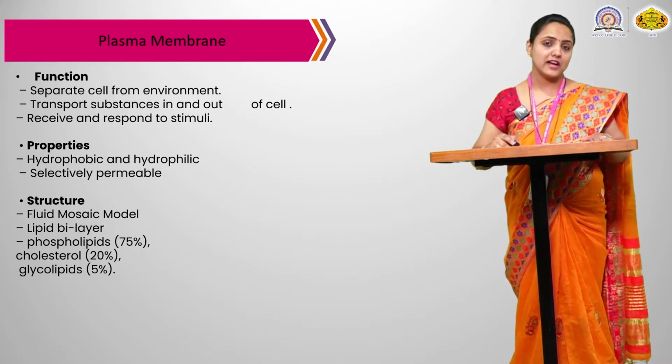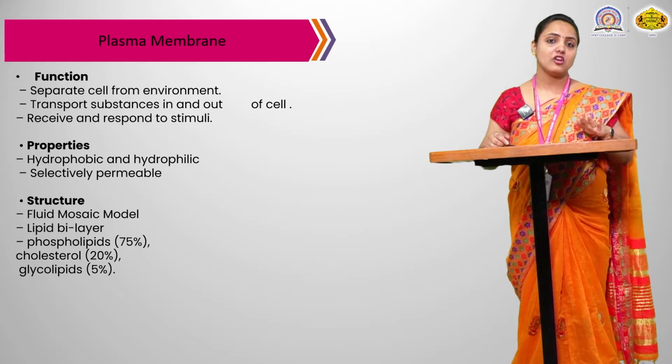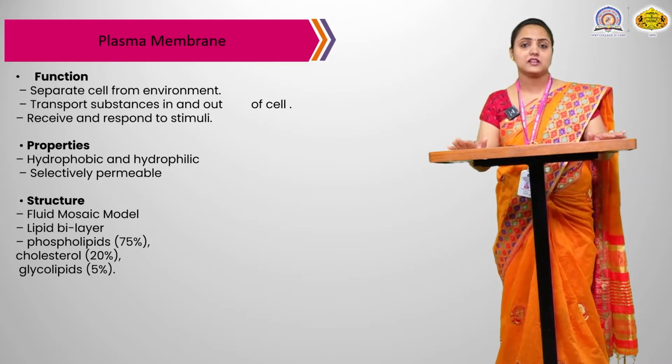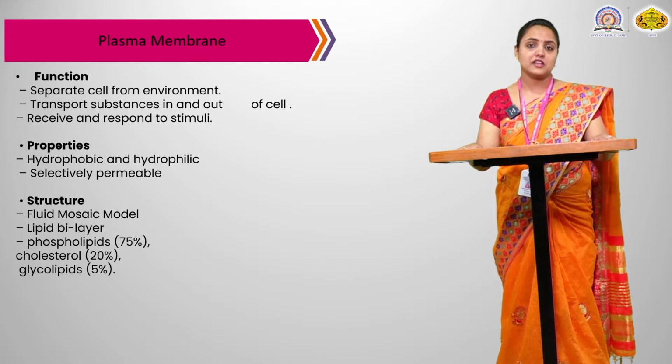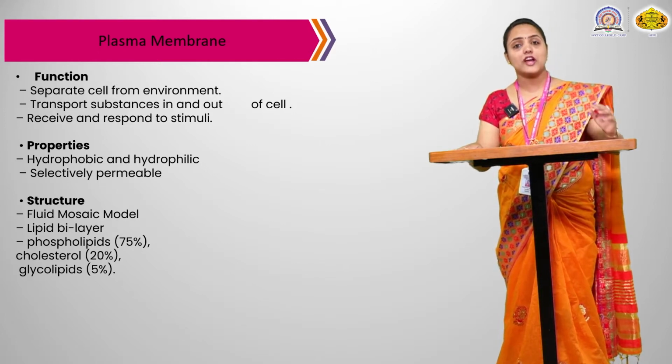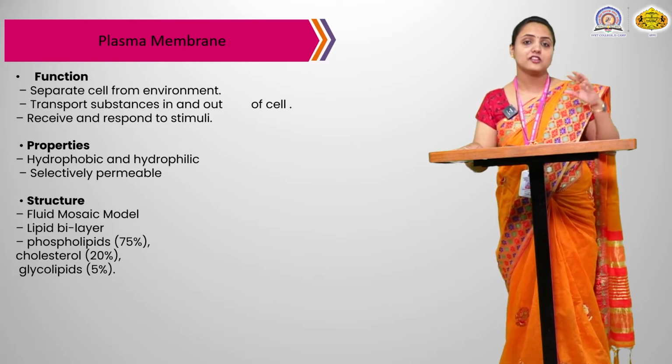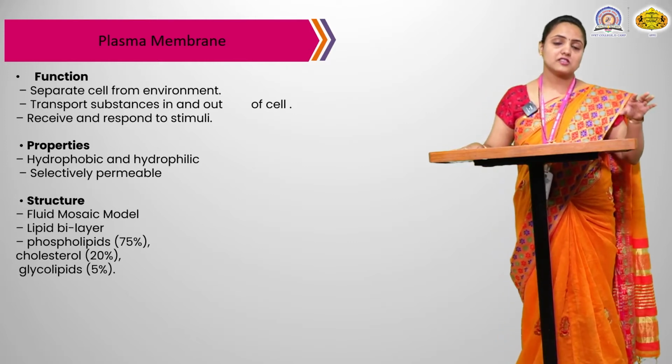Now, all of you know that the major function of a plasma membrane or a cell membrane is to keep the cell separate from the environment, because it is trying to preserve and protect the cell from the outer tensions.